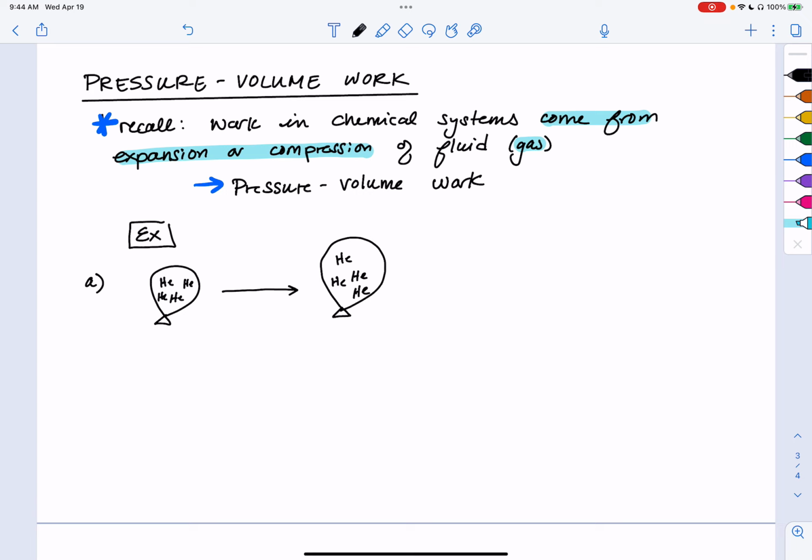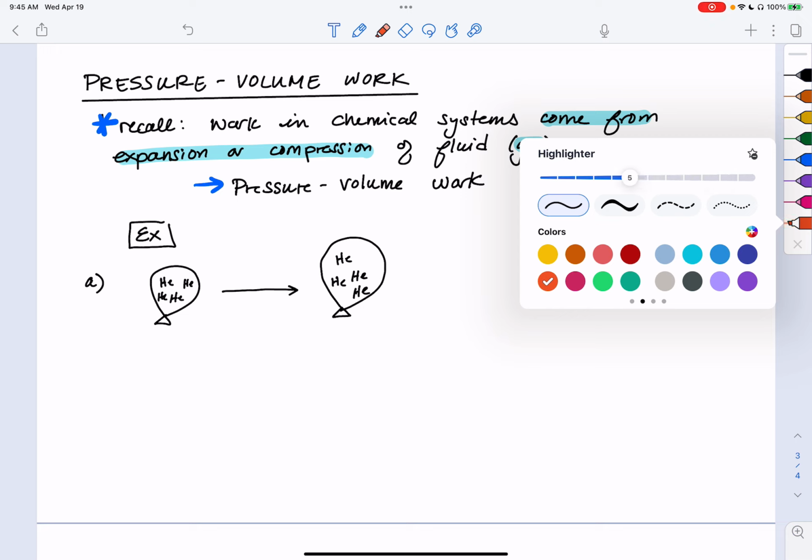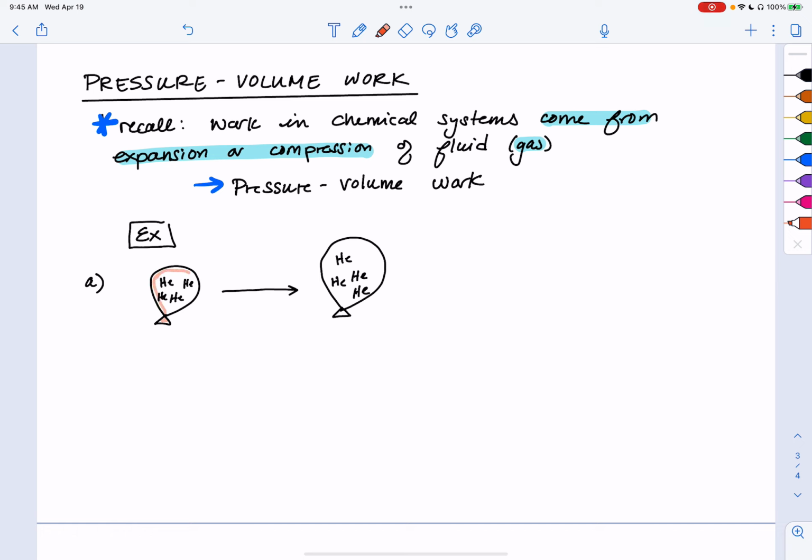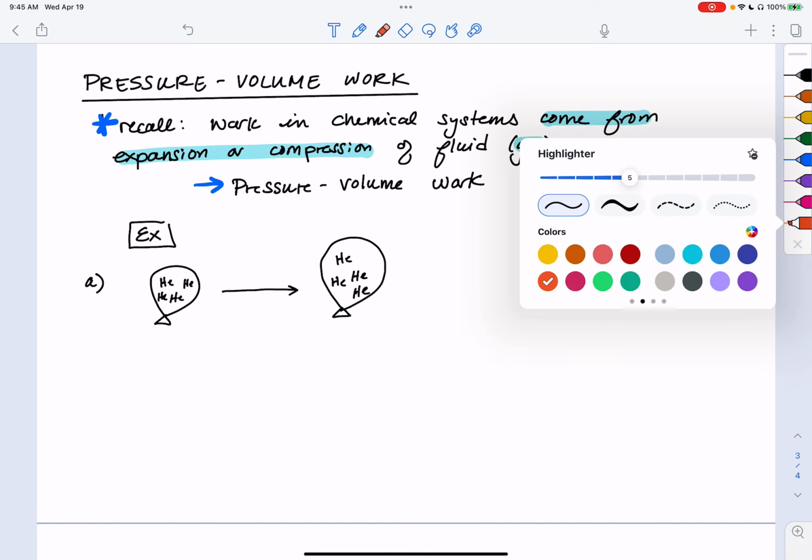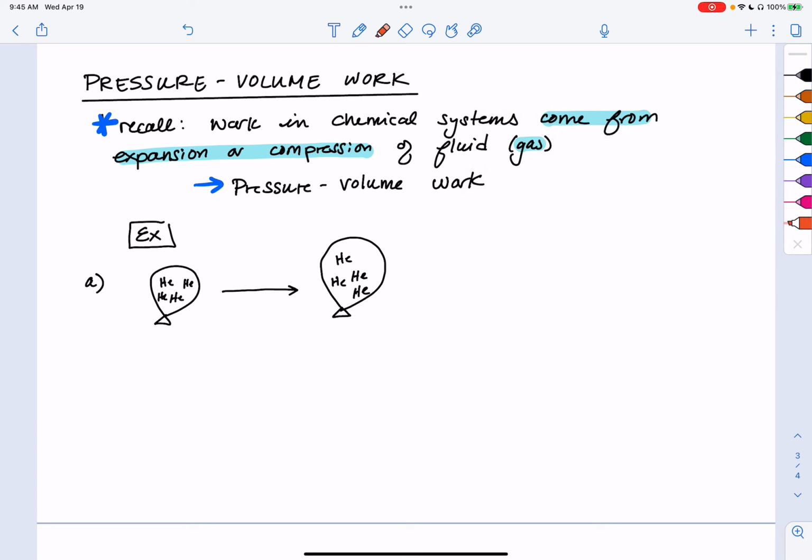We're assuming it's a closed system, so I'm not losing or gaining any helium particles. All that's happening is an expansion process. So here's our initial system, and here's our system at its new condition, or our final system.